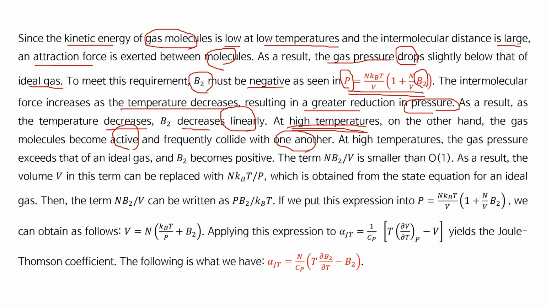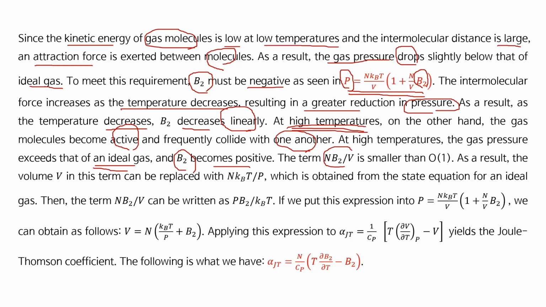At this high temperature, the gas pressure exceeds that of ideal gas because molecules collide frequently, so B2 becomes positive.